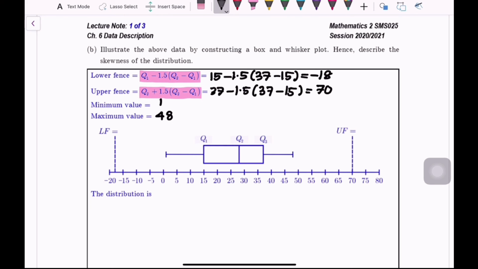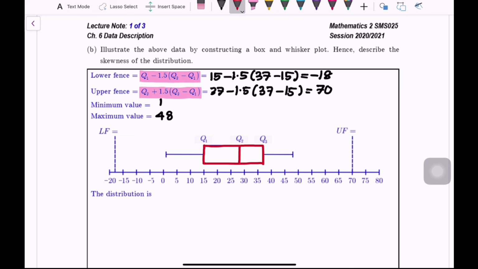First, we draw a suitable scale. Then, using the information above, we draw Q1 as 15, Q2 as the median, which is 28, and Q3 as 37. Then we draw a box here.